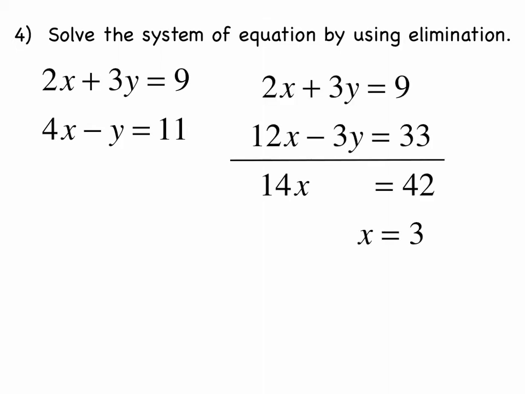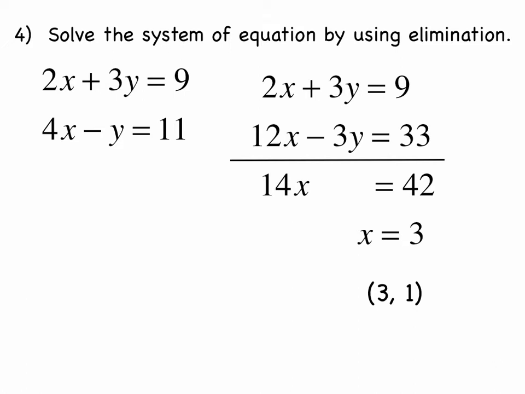I ended up multiplying the bottom equation through by 3. Now I just have 12x plus 2x is 14x, 33 plus 9 is 42. If I divide both sides by 14, I'll get x equals 3. And then again, I just plug x equals 3 into either equation and solve for y, and I should get 3, 1 is my answer.